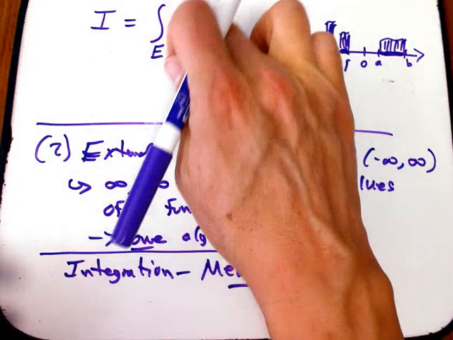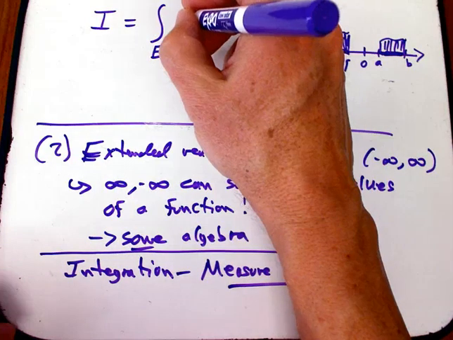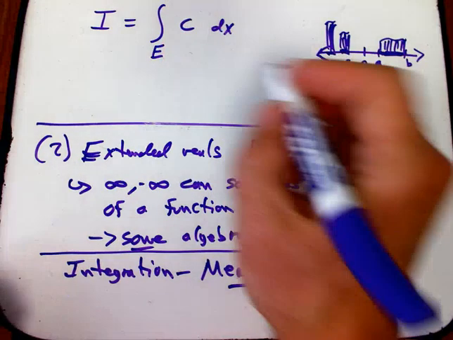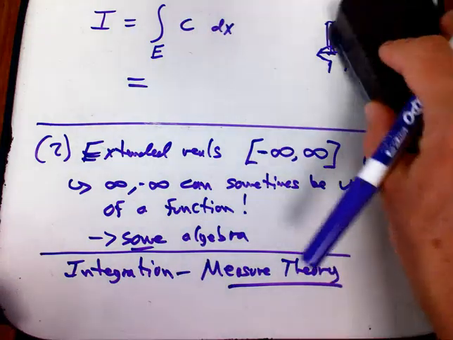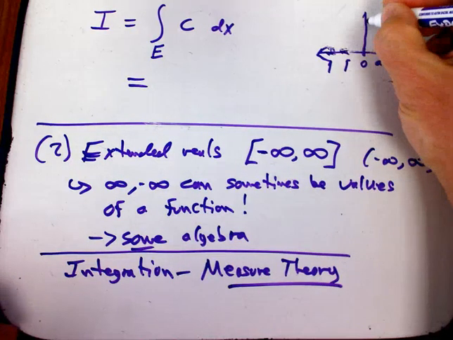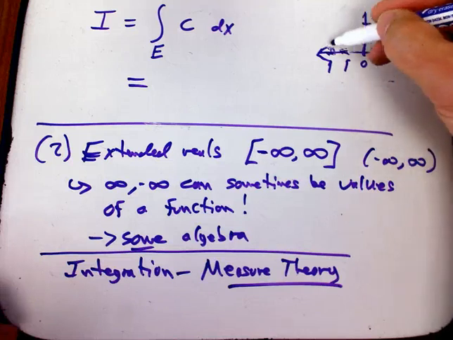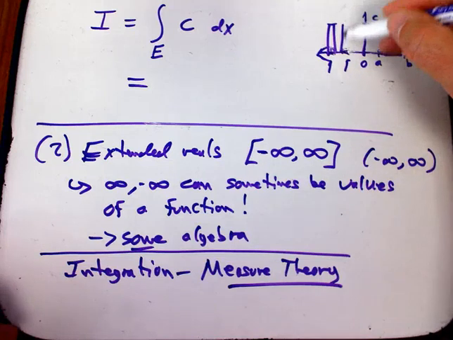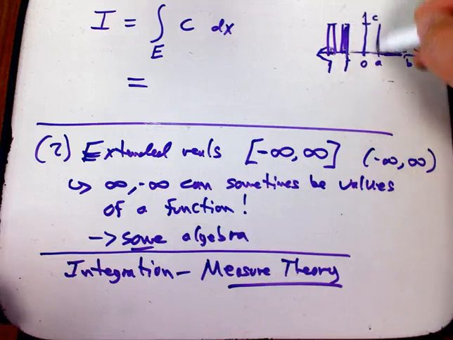Suppose there's a constant, just c dx. Suppose this is height c, over the same set. We're just going to get height c times the total length of that set.